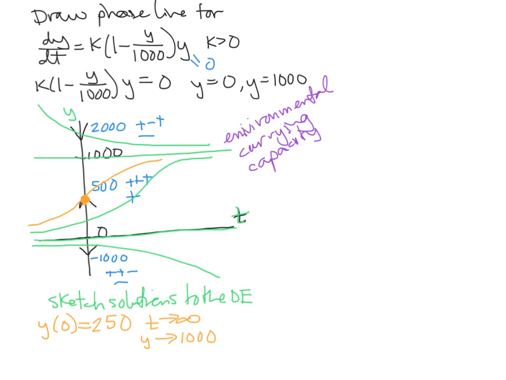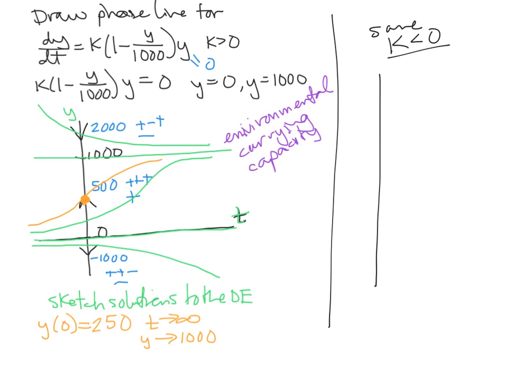Okay, so now I have another example here. I'll make this one short. All I want to do is everything the same, except that I want to change k to be negative. And what this is going to do is change all the arrows. I'm not going to go through that because now that you know how to do that, you can do this yourself.